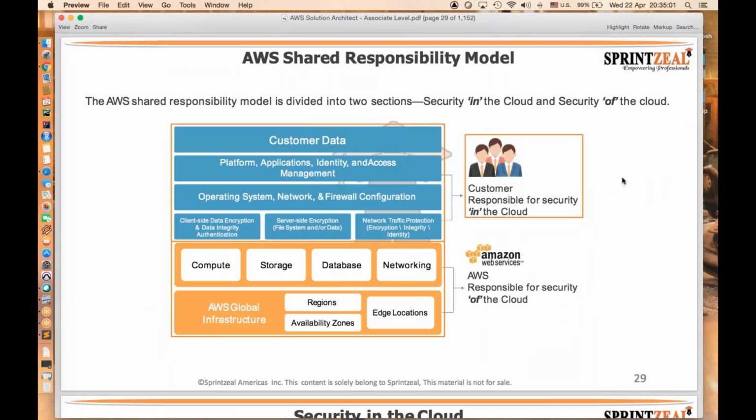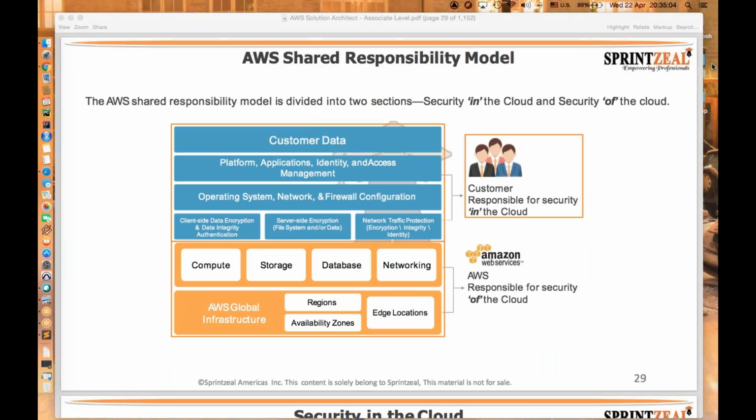There are two aspects we always have to consider: the data that is in the cloud, security in the cloud and security of the cloud. If you see the diagram here, the customer data, your platforms, your applications deployed into your cloud, and identity access management, IAM, which we have seen is one of the services given by AWS, and all your operating systems, networks, and firewall configurations, all the blue colored ones, sit under the customer's responsibility for security in the cloud.